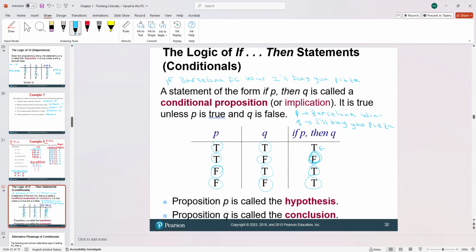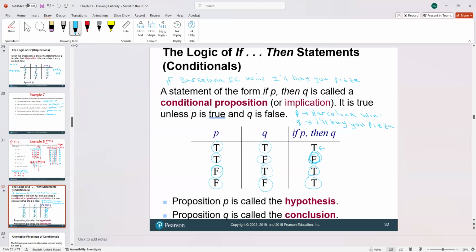That's very important. There are a lot of ways to see it. We said a statement of the form if P then Q is called a conditional proposition or implication, right?